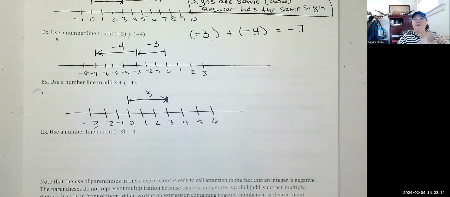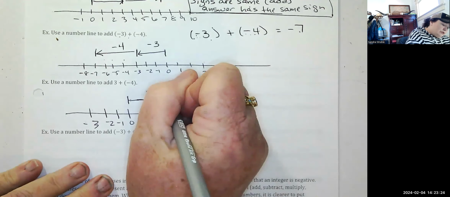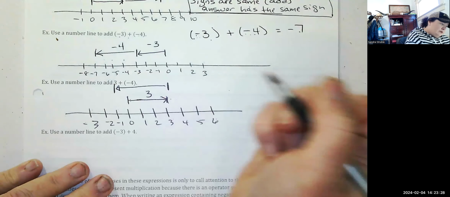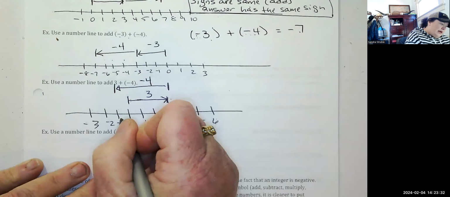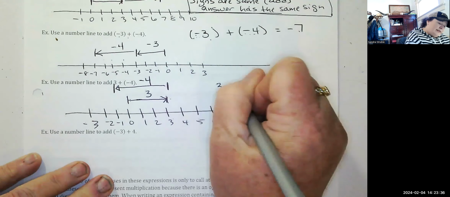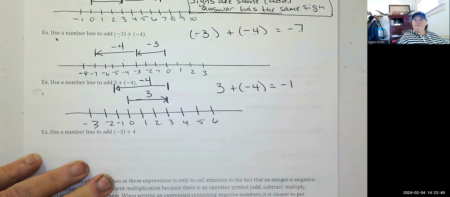Remember, if it's positive, you're going to the right. All right. Plus, now we've got a -4. So with the -4, we have to go to the left. So from the 3, now we're going to go backwards 4 to right here. And that's -4. We end up at -1. So 3 plus -4 is -1.